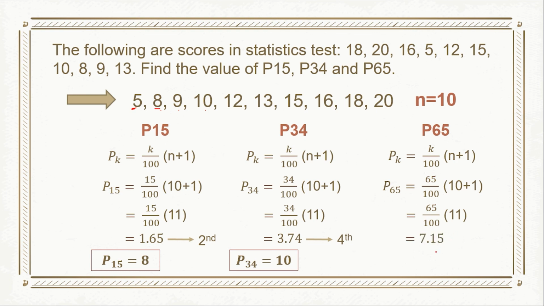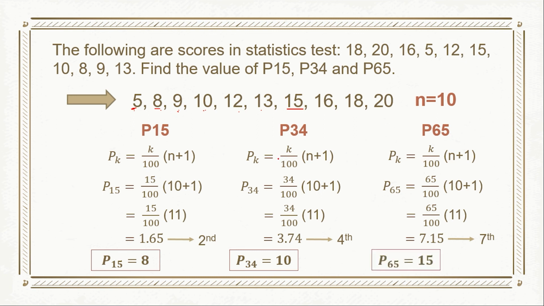Okay, so percentile 65 is equivalent to 65% and 65% is greater than 50%. Therefore, kailangan nating mag-round down. Okay, so 7.15 is equal to 7. Okay, so the position that we need to look is 7. Okay, so bilang tayo ng pang 7. So we have 1, 2, 3, 4, 5, 6, and 7. Therefore, the value of P65 is equal to 15.